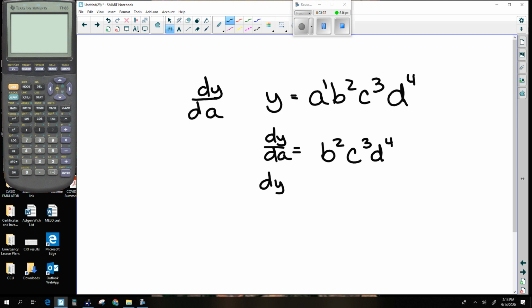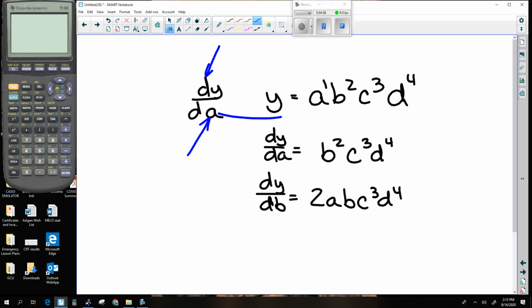What would dy dB be? Focus on the b from the original, and that'd be 2a, b to the first power, c to the third, d to the fourth. I know this is kind of a large leap, but what I'm really trying to teach you is D is the words "change in," and this is the letter that you need to have your equation written in.